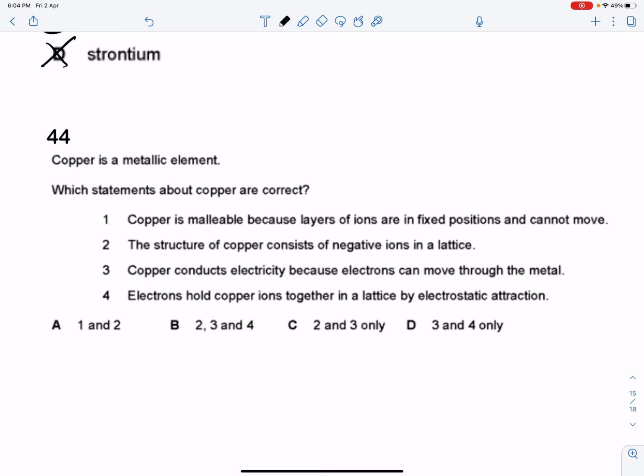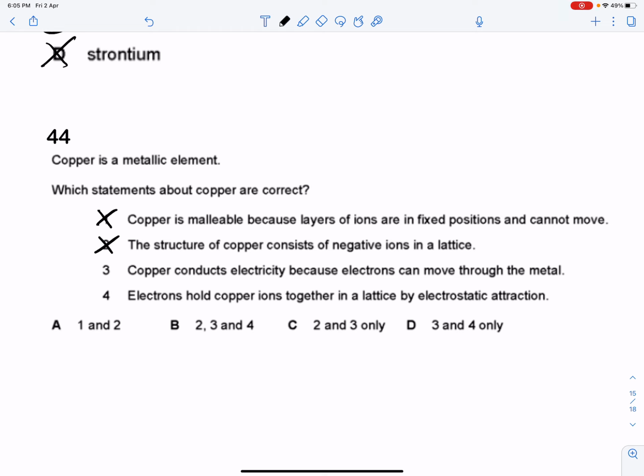Copper is a metallic element. Which statements about copper are correct? Copper is malleable because layers of ions are fixed in positions and cannot move. They are layers of ions, but if they were fixed in positions and couldn't move, then it wouldn't be malleable. The structure of copper consists of negative ions in a lattice.